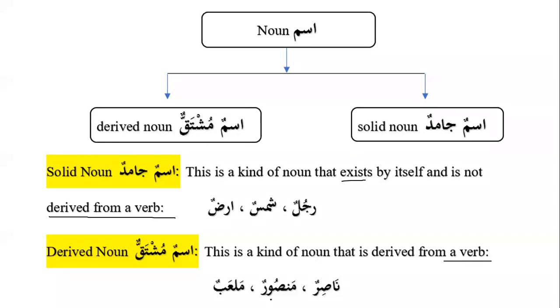So it is also the same, nun, sad, and ra. And mal'abun, as we know, this is dharf makan, la'iba yal'abu, and the place where we play is called mal'ab, the playground. So this is what we call the derived forms of the noun, or ismun mushtaqun.